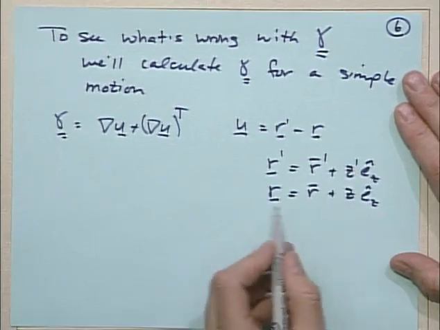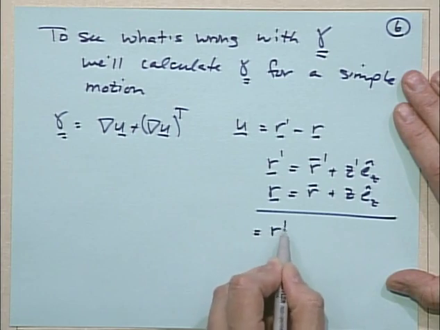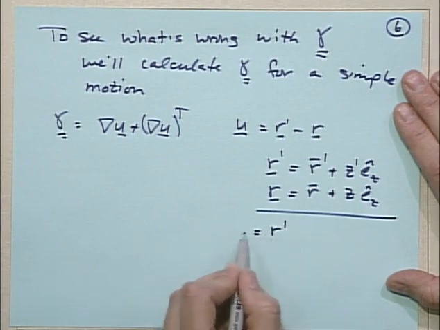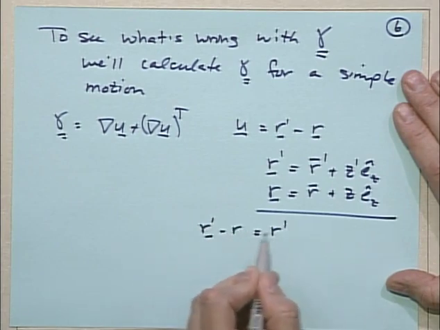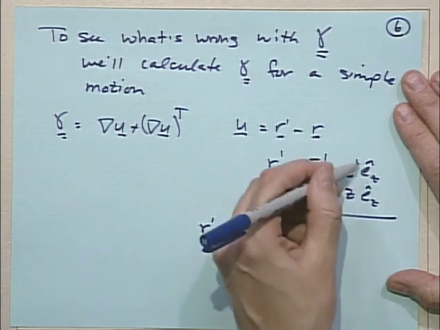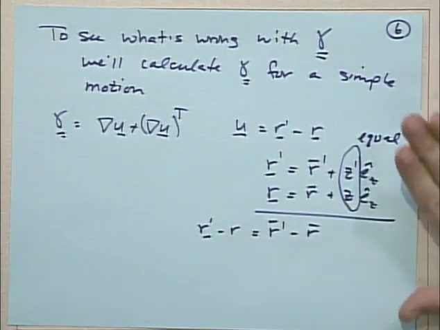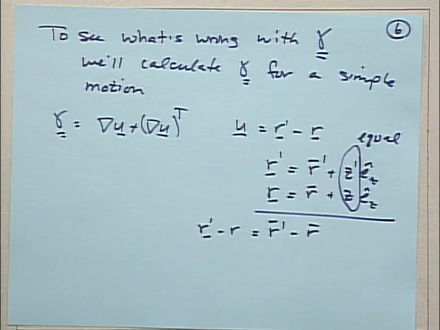And if I subtract them, I get the same thing. I get r prime minus r is equal to r bar prime minus r bar, because these two are equal. So all I'm saying is I'm doing a slightly simpler calculation. Instead of doing from my origin out to my point, I'm doing from the z-axis out to my point, so I can just stay in 2 dimensions. So now I've really simplified my case.